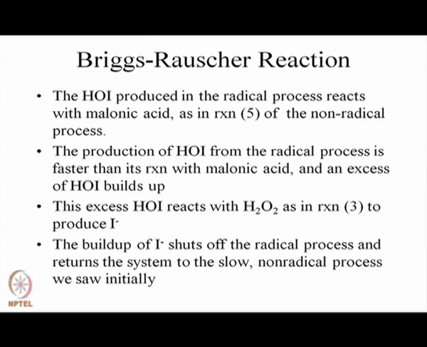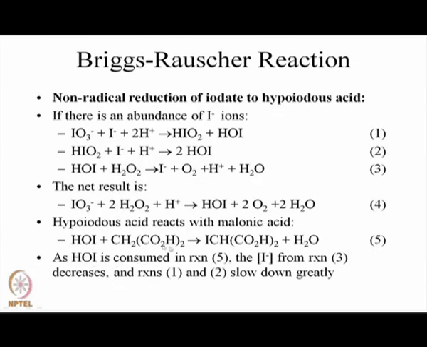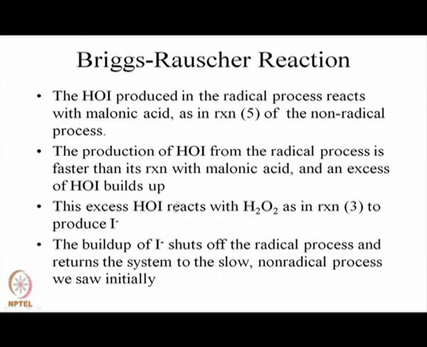In the BR reaction, the HOI produced in the radical process reacts with malonic acid as in reaction 5, and the production of HOI from the radical process is faster than its reaction with malonic acid, so an excess of HOI builds up from this radical process.